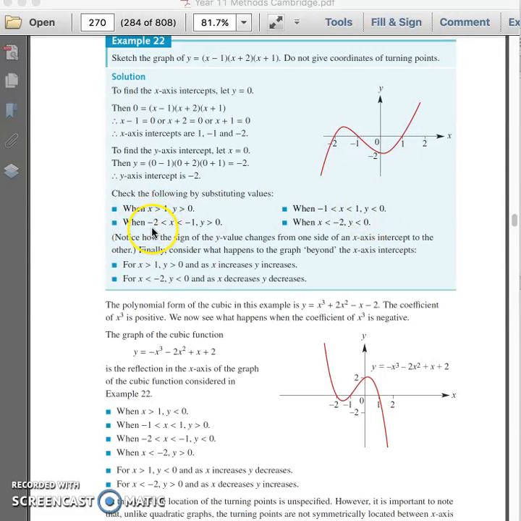Third section, between -2 and -1. Picking a number, we have to do -1.5. Substitute that in, we find that y is positive, y is greater than 0, so the graph is coming up here. And then our last section is when x is less than -2.